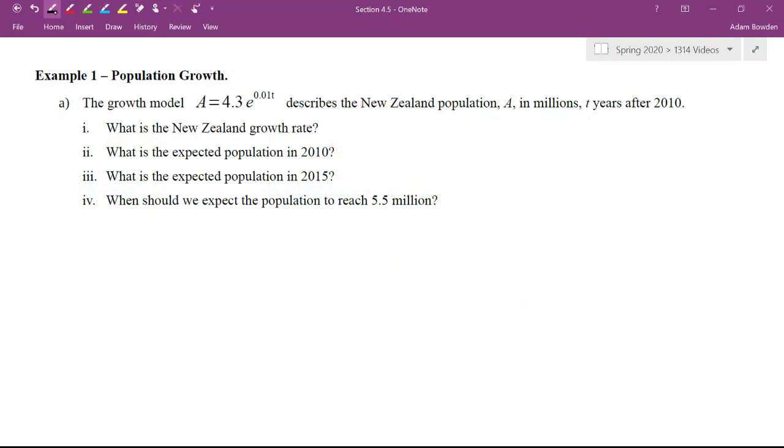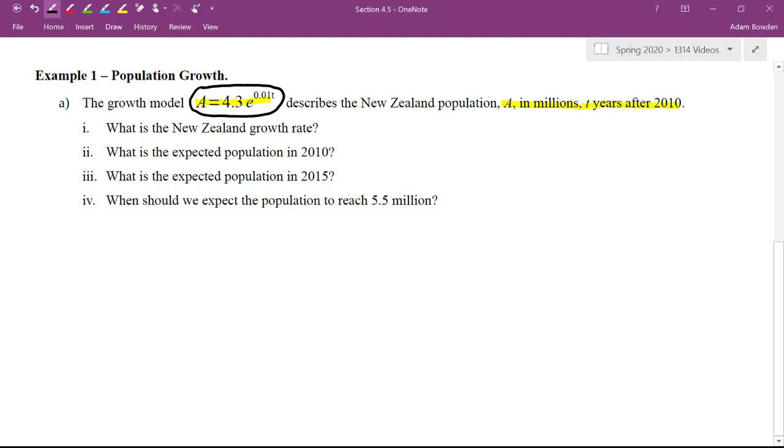Alright, now let's talk about one specific example of exponential growth or decay. It tells us that this growth model, A equals 4.3 e to the 0.01 t, describes the New Zealand population A in millions t years after 2010. Okay, so let's think about what each of these things tell us. It gives us already the model, the function in other words, for exponential growth.